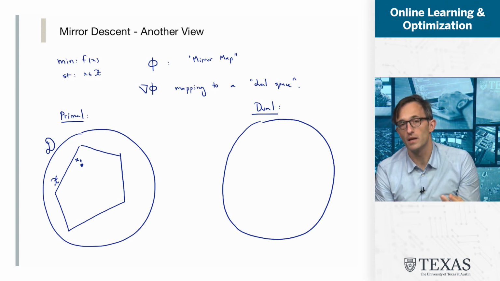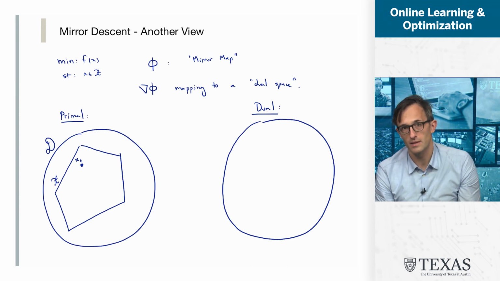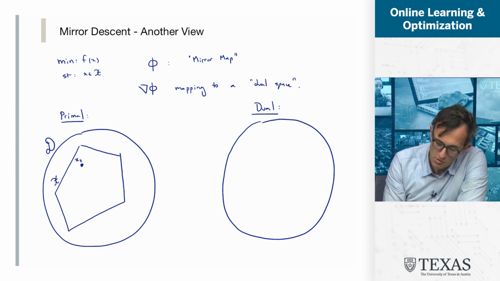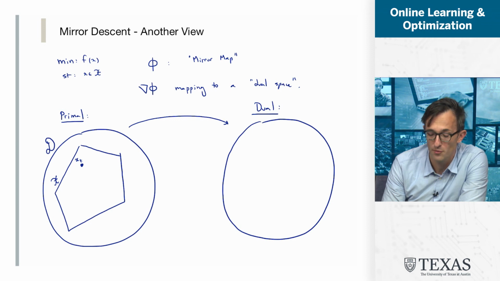We're usually used to thinking of gradient descent or subgradient descent as saying that you move from xt to xt minus a multiple of the gradient or the subgradient. But if you look back at the proof, you'll see that that really didn't appear anywhere in the definition of the algorithm or in the proof. So the gradient of phi is our back and forth between the primal and the dual.